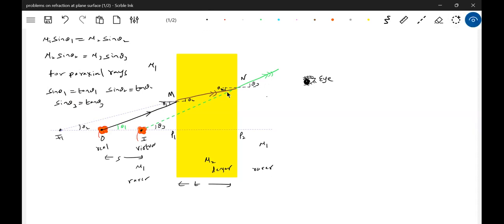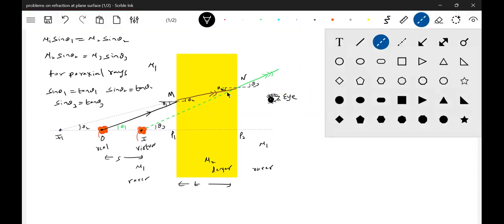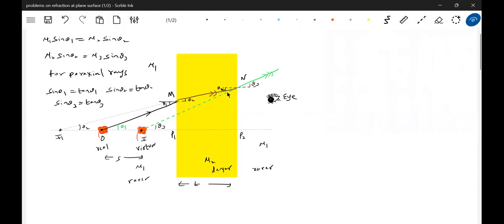Yes, we can. So suppose that you are here. So how can you apply this to the slab? Let's assume that you are here. So where is the object? The object is in a rarer medium. You can actually solve by this method. Tan theta 1, what is tan theta 1? Use this triangle, P1M by P1O.